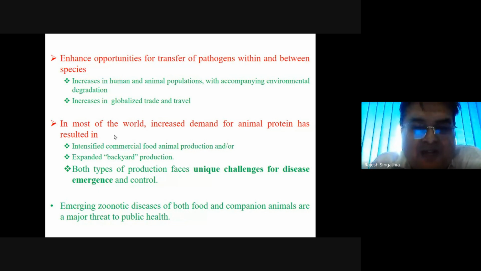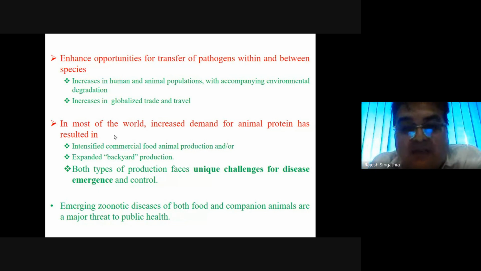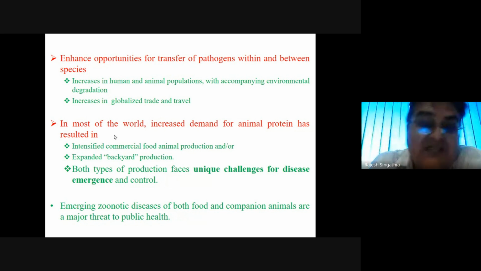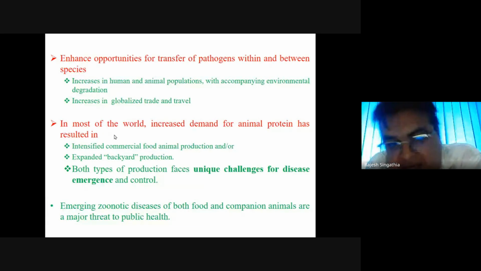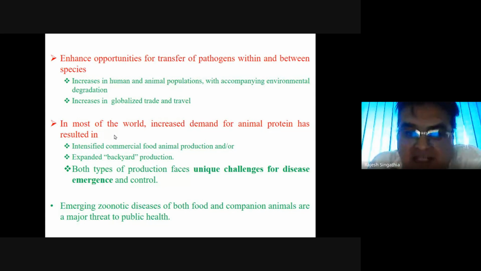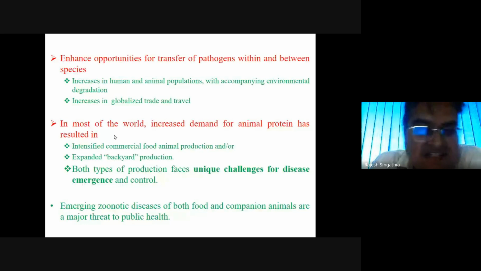In most of the world, increased demand for animal protein has also resulted in intensified commercial food animal production and expanded backyard production. Both types of production face unique challenges for disease emergence and control.